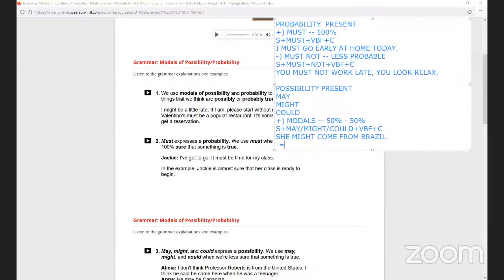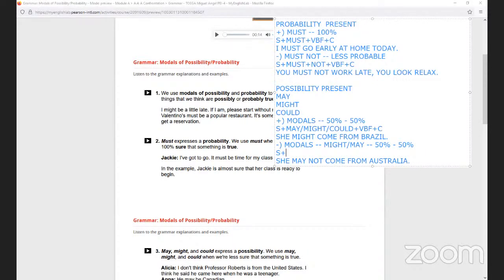But what happens in negatives? We have two kinds of negatives. The first negative: we can only use two modals, might or may. Only these two. And they say it could be something negative, like 50% possible. For example, she may not come from Australia.